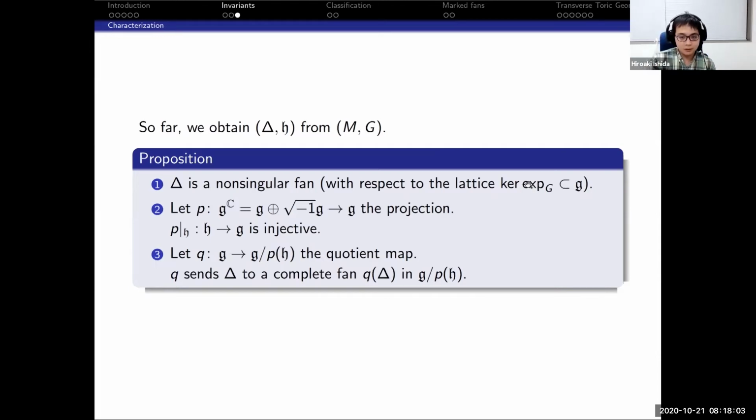So delta should be a non-singular fan, and this is the second condition. Let P be the first projection. So the second condition is that the projection restricted to h is injective. And this is the second condition.